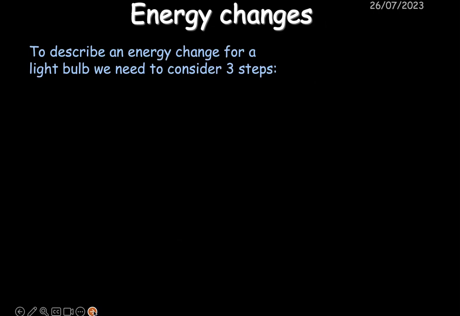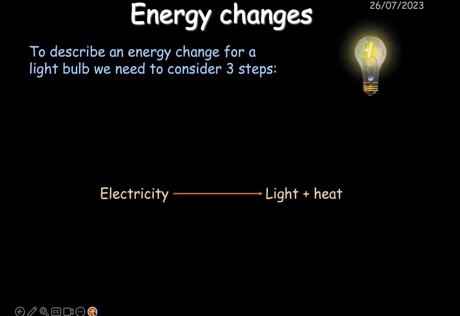Okay, so to describe an energy change, you have three stages: the input, and the output forms of the energy. As I mentioned before, electricity is one of the major uses that we have in our homes. So electricity is going to come up on a few slides, and electricity is a pathway by which energy can be transferred.